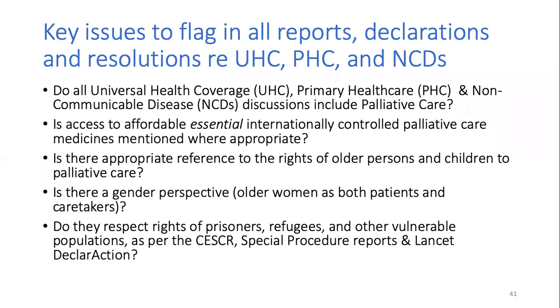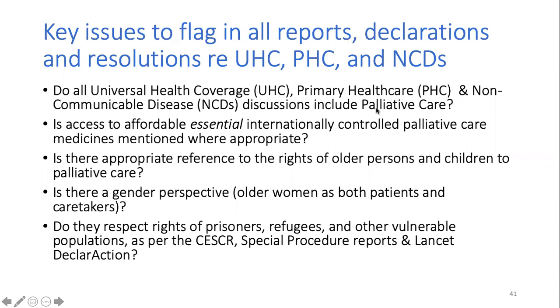So the key issues that we flag in all the reports, declarations, and resolutions on universal health coverage, primary health care, and non-communicable diseases: often these documents and reports come across our desk, and we try to flag, do these documents and these discussions include palliative care?